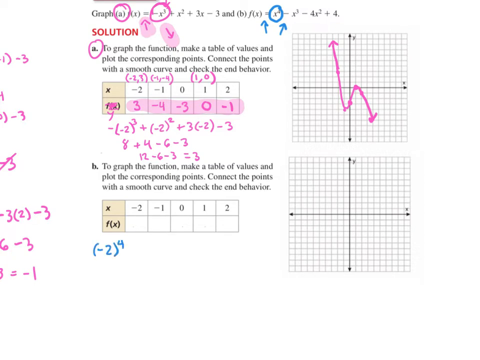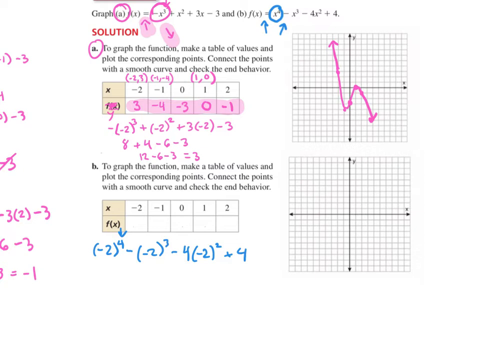So -2 to the 4th power minus -2 cubed minus 4 times -2 squared plus 4. Anytime you have an even exponent, your number in here is going to turn positive.